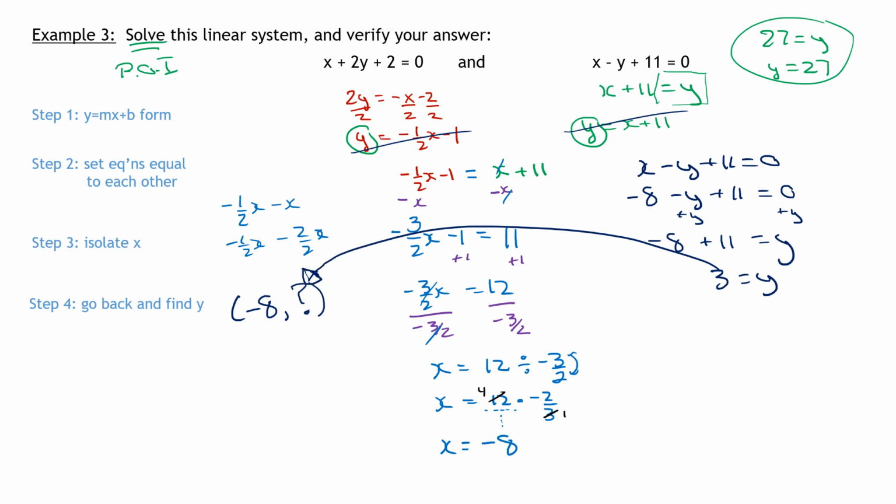I now know what my y value is supposed to be. I figured that one out. So step 5 is to state the coordinate. Therefore, the point of intersection, which is the solution, is negative 8, 3.